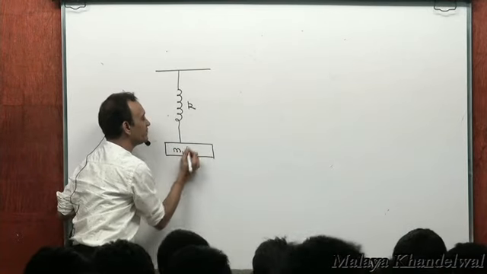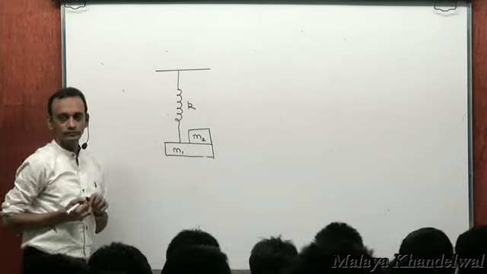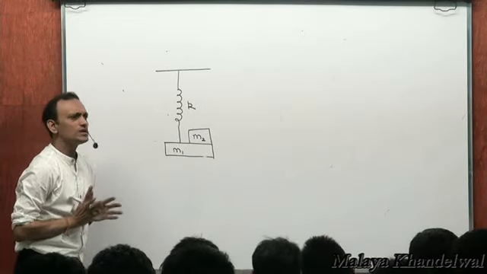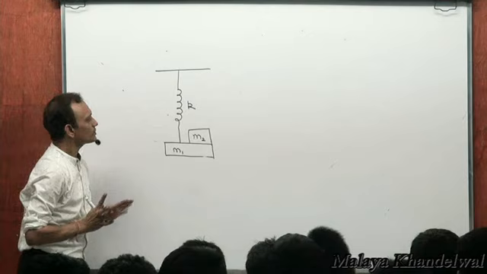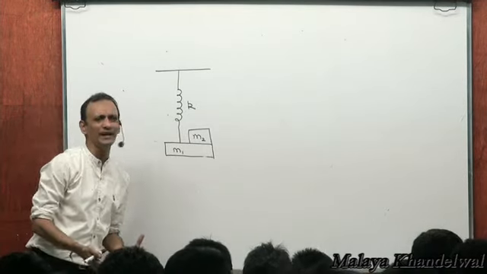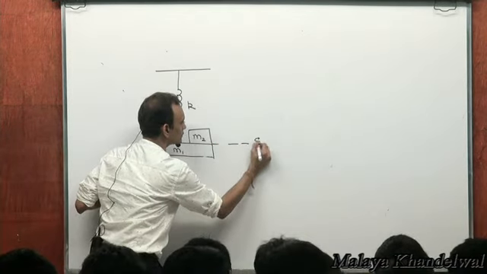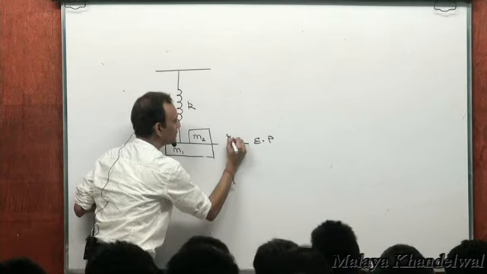There was a mass m1 and a detachable mass m2. And the two masses and the system was in equilibrium and at rest.